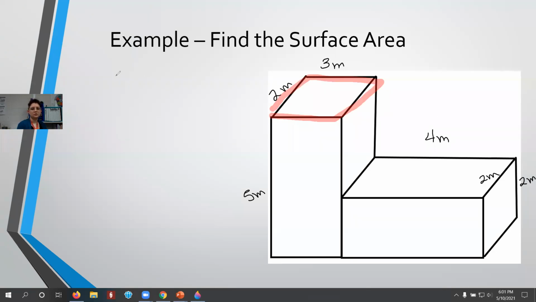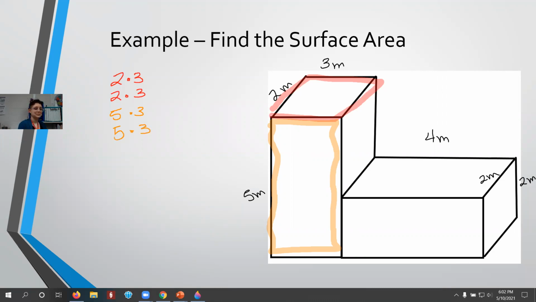And we have 2 times 3, but then we also have the bottom facing rectangle, which we can't see. Then let's look at our front facing rectangle. Okay, this is 5 by 3 and it is visible. And then we would include the back, all of that would be visible.